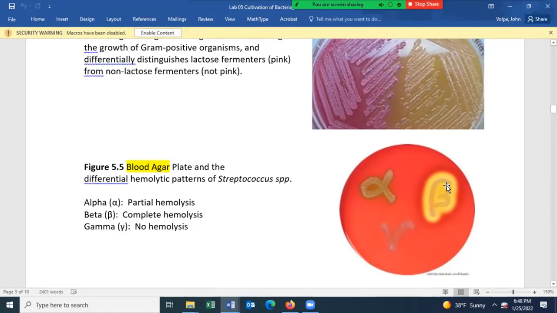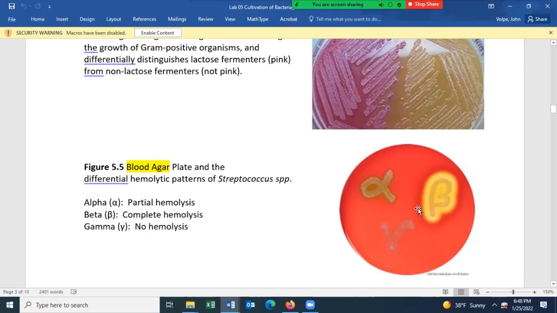And so the beta here, shown in white, is the bacteria. And then the clear regions around the cells are the beta hemolysis, that's complete hemolysis, where all of the cells are hemolyzed.